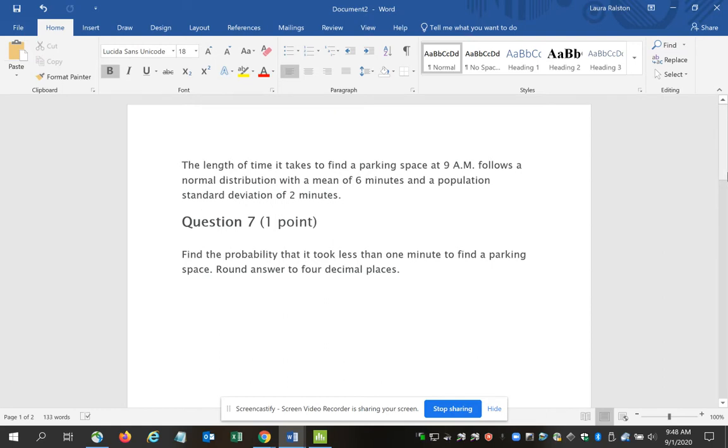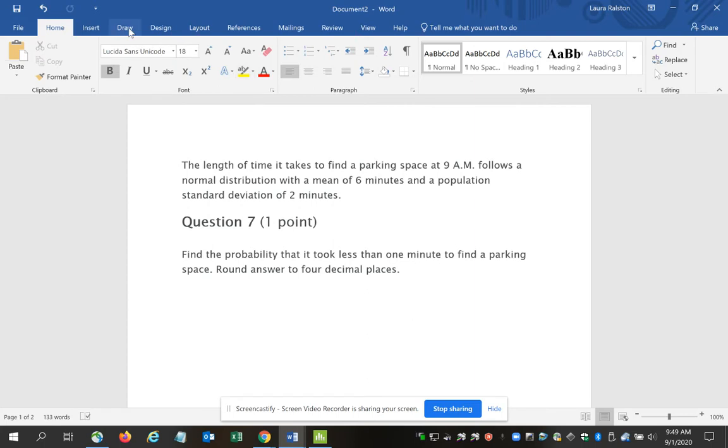But I'm looking at a practice problem. It's actually going to be questions 7, 8, and 9 for the practice problems of the normal distribution. The scenario that's given to you is the length of time it takes to find a parking space at 9 a.m. follows a normal distribution with a mean of 6 minutes and a population standard deviation of 2 minutes.